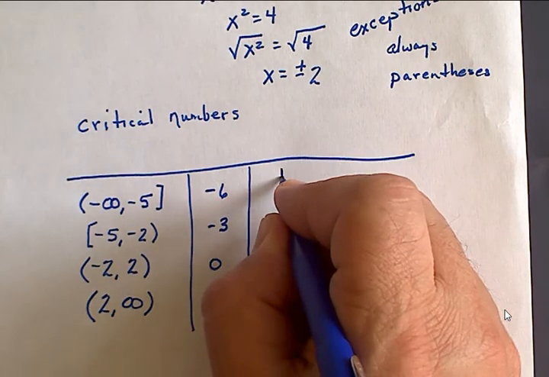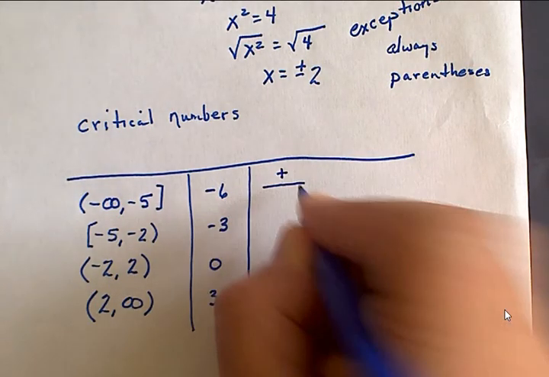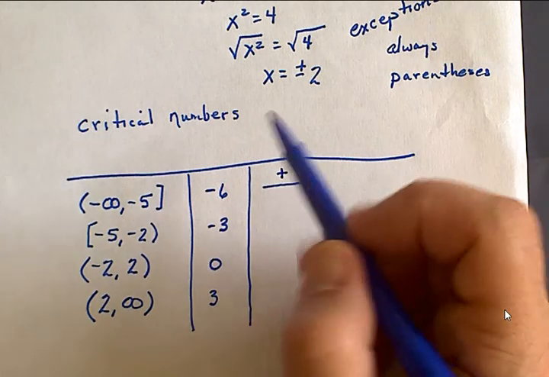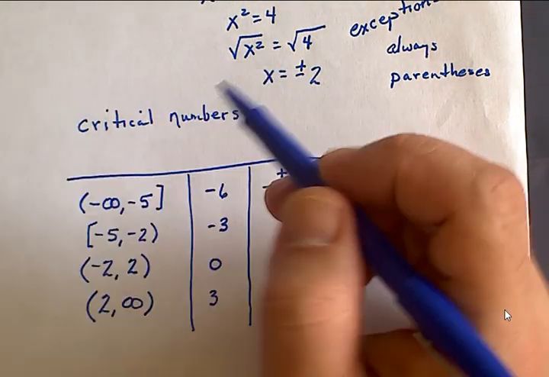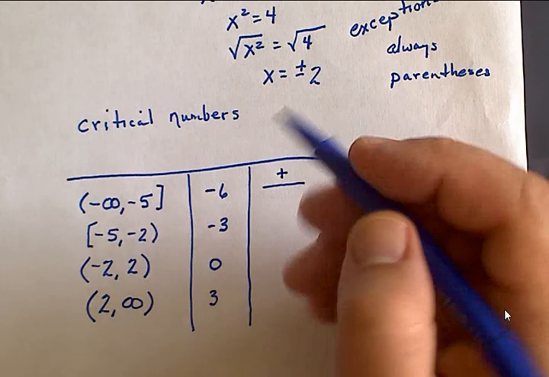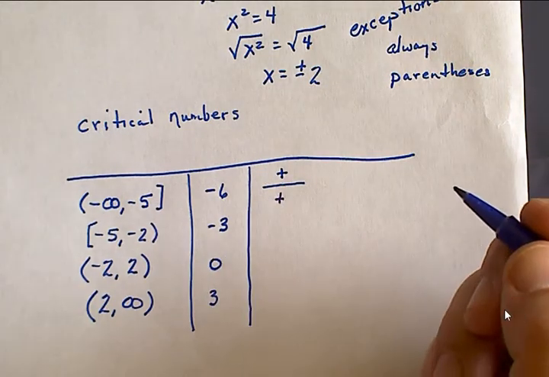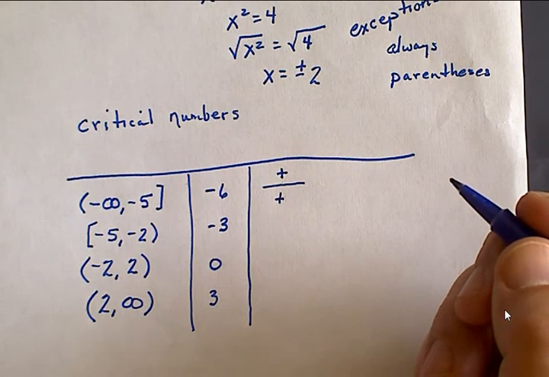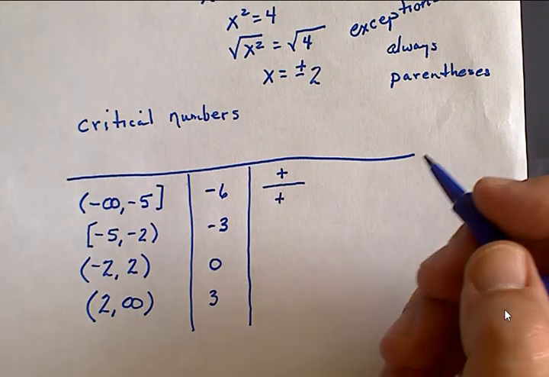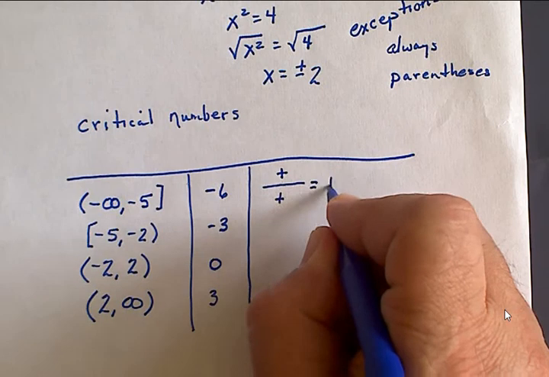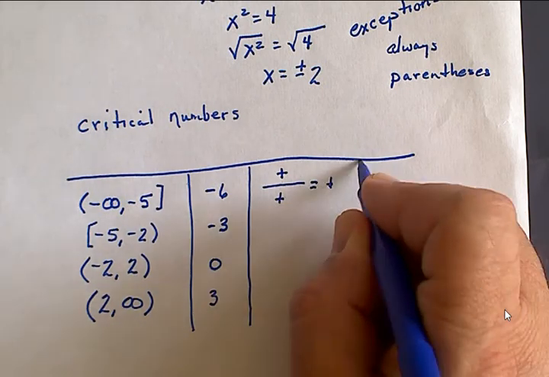So I get a positive on top. When I plug in the square down below, x squared minus 4, that's also going to be positive. And so this is equal to positive. Positive is what I'm looking for, so that's a yes.